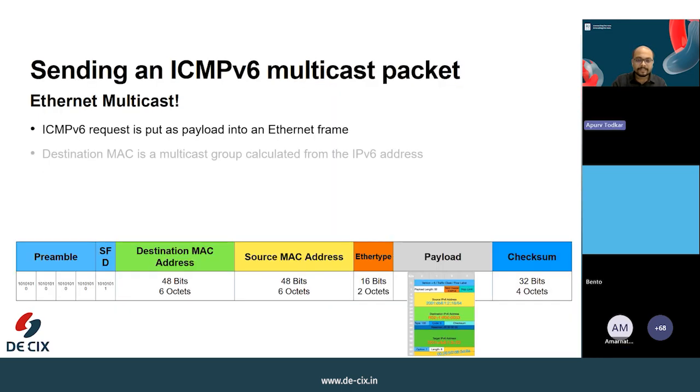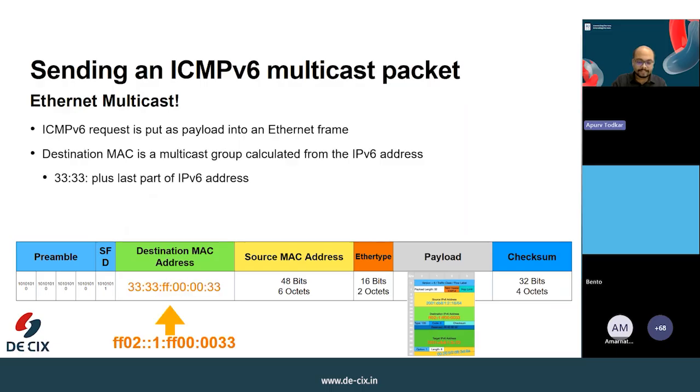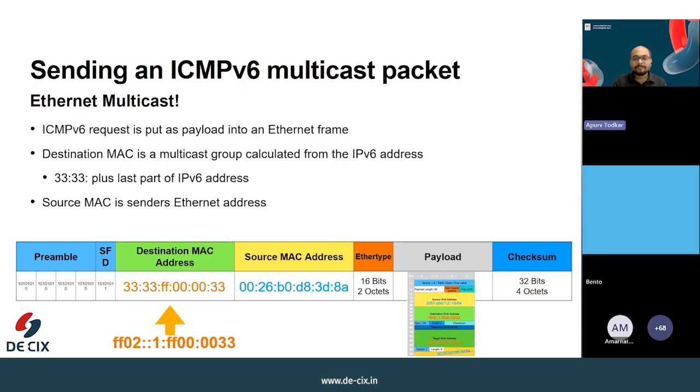And now again, the packet is put into the payload of an Ethernet frame. The main difference between IPv4 and IPv6 is that we do not use broadcast here anymore. Instead, we use multicast. Okay. This is the IPv6 multicast address that we want to send the packet to, and that IPv6 multicast address is then mapped to an Ethernet multicast address.